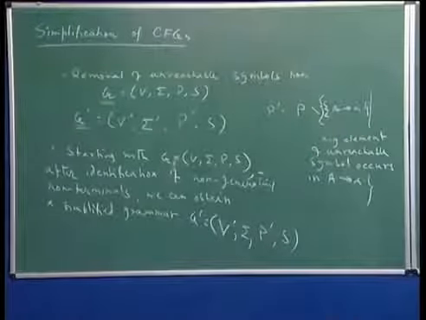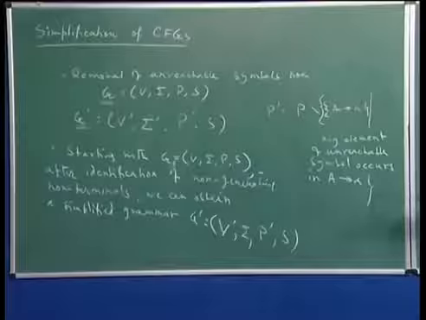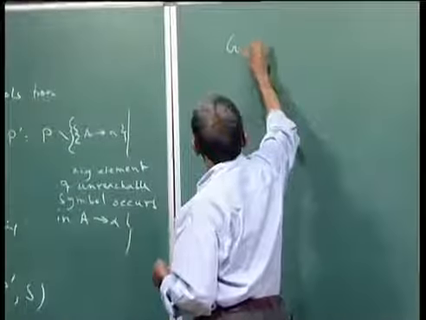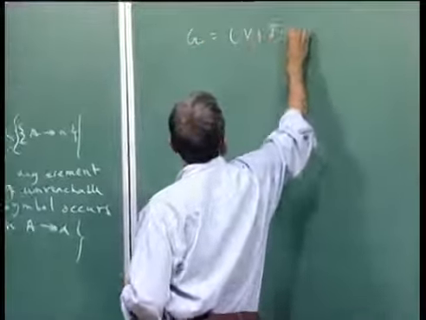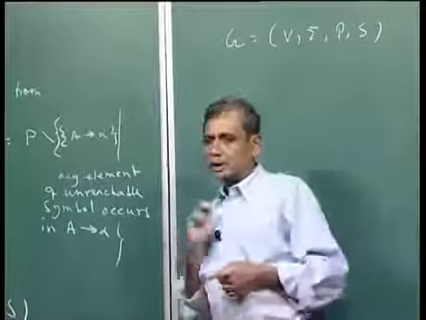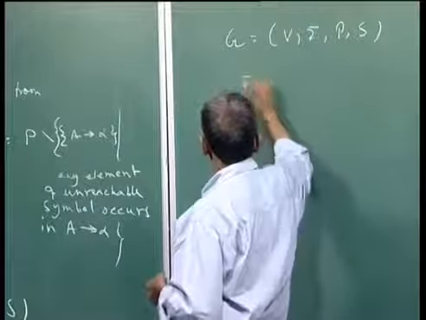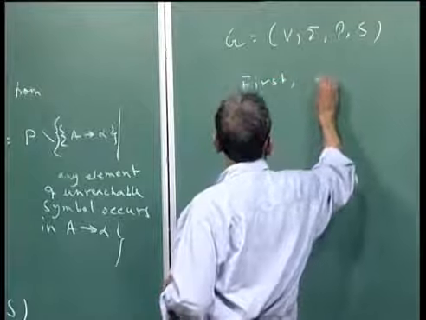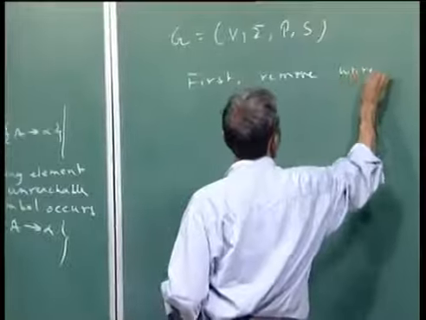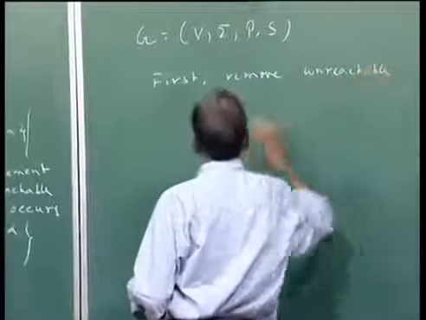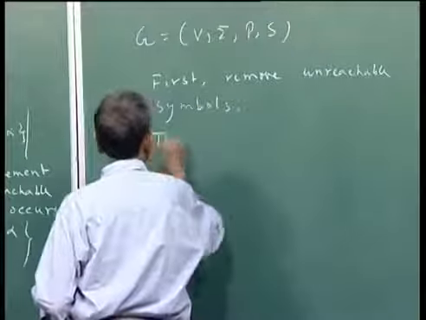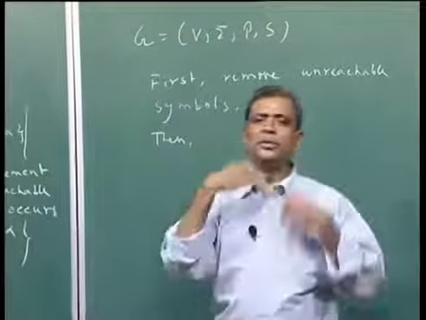Now, in which order should we do this? The point I am making is that you have given me a grammar G, V sigma P S. So, it seems that I have a choice: first remove unreachable symbols, then remove non-generating symbols.